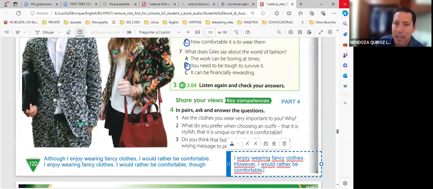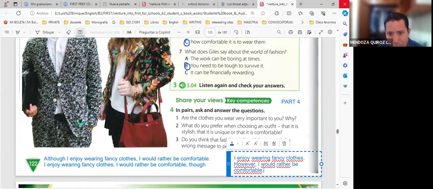So this is what I want you to judge your speech on: the type of structures that you're using. I'm using connectors, although, however. I'm not being repetitive, because when you sound repetitive, this could go against you.